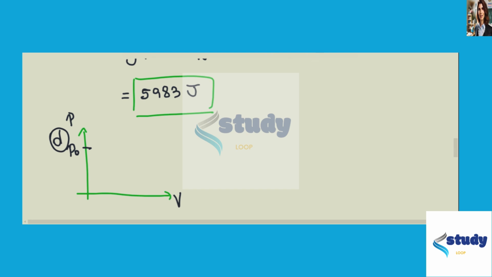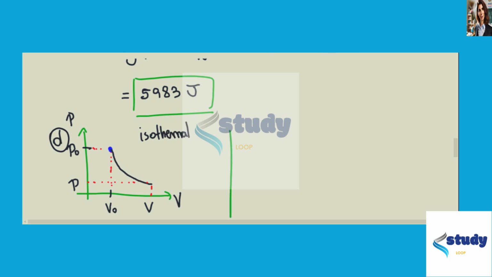So it starts at P0 like this, and then it decreases like this. This is the isothermal case.